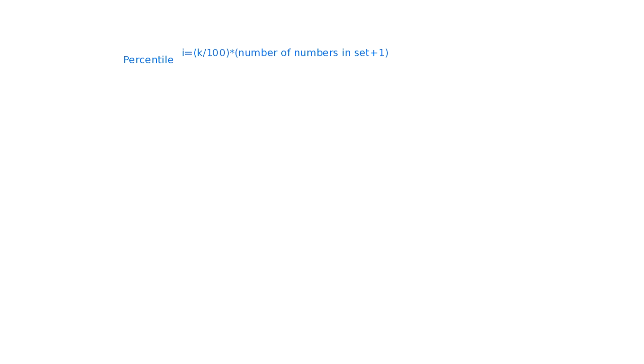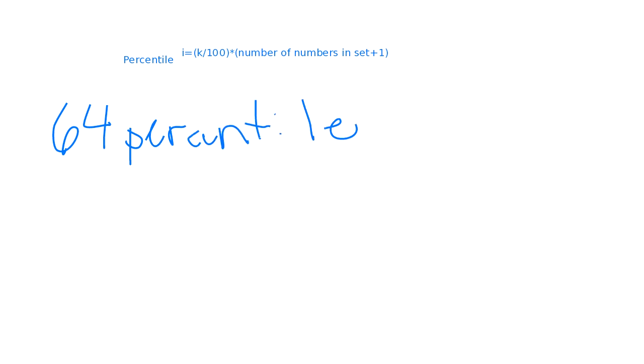So just to give another example, suppose you want the 64th percentile. I can't write really well on my tablet, so bear with me. My handwriting is really bad. You would do 64 over 100, or you could just do 0.64.